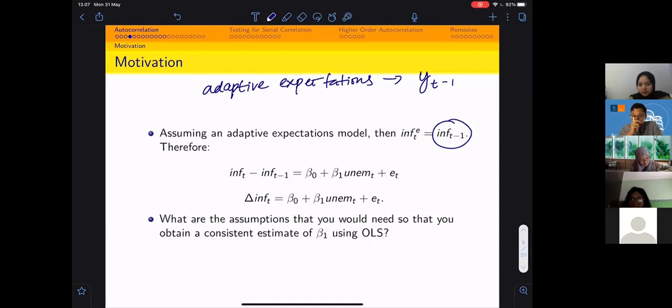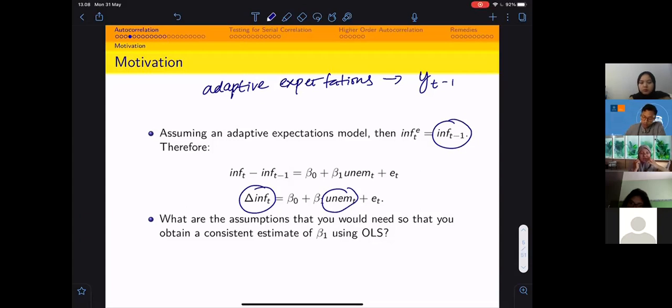So I guess the first and most important thing to get a consistent estimate of beta 1 is stationarity. You need to have stationary unemployment, and you need to have stationary unanticipated inflation. And then the second assumption, of course, is no perfect multicollinearity, but what's more important is strict exogeneity.